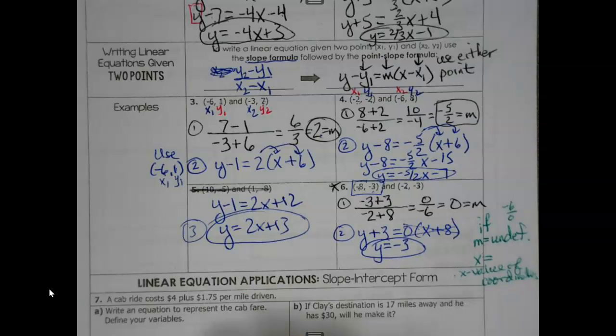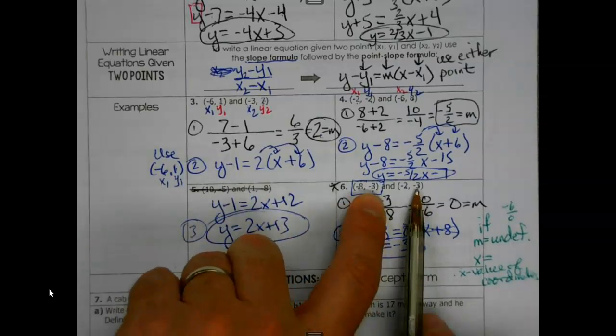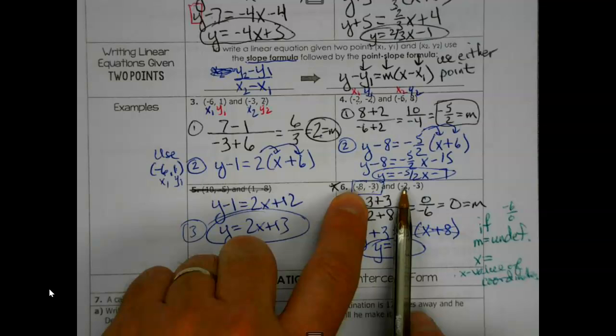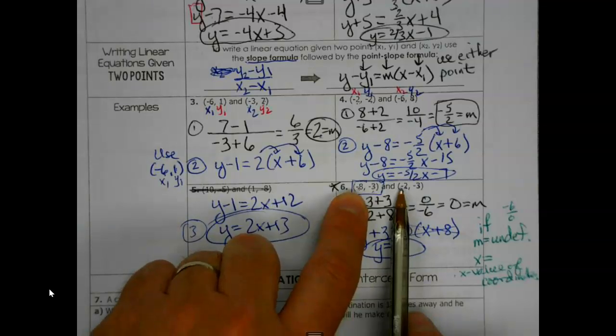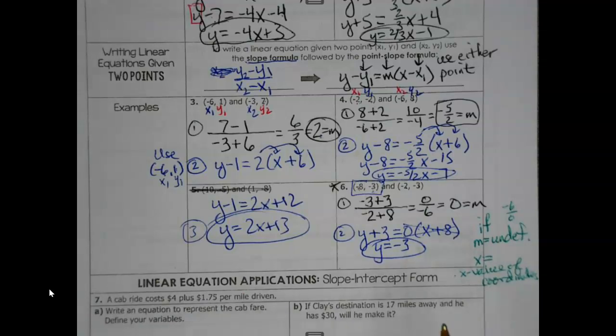Let me explain that for a second. These were both negative 3. Y equals negative 3. That ended up being this. If you ever see the x values are both the same, let's say these would have both been negative 8, your equation would be x equals negative 8 because your slope would be undefined. That's a rarity, but I still like to get it out there just in case it shows up so we can get you in a good spot.